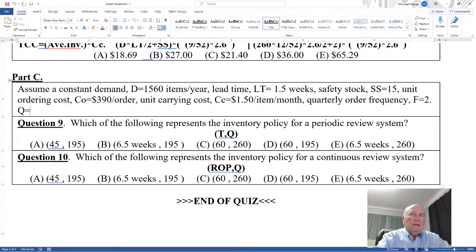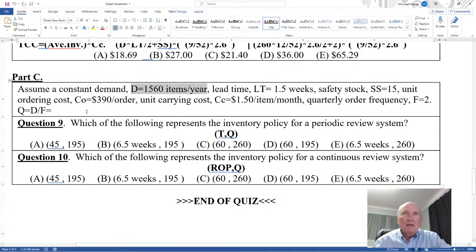Q equals, let's see, what do we have to work with? We have demand, lead time, order frequency. So let's say D over F, because we have our quarterly frequency of 2, and this is our demand rate per year.